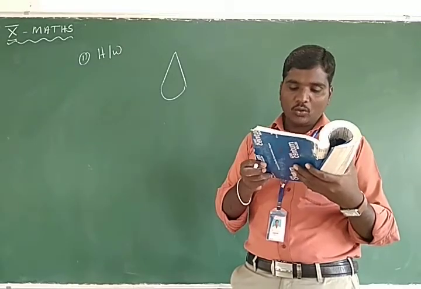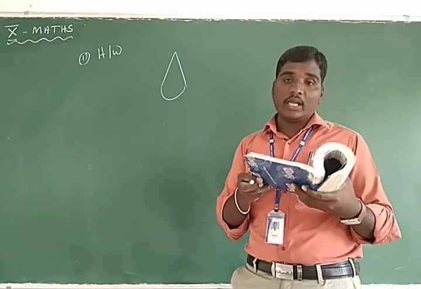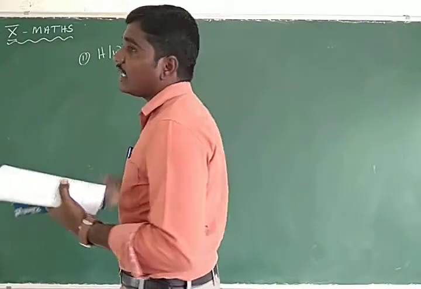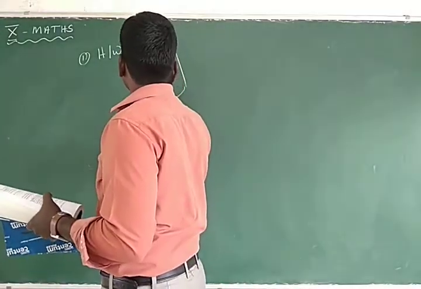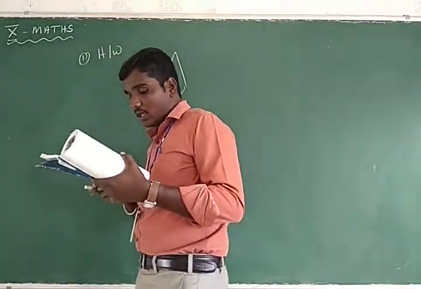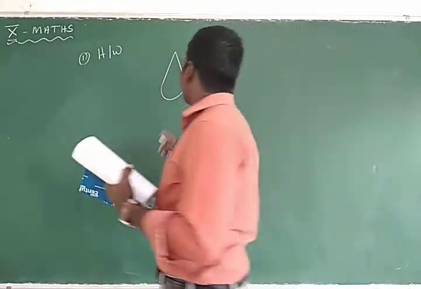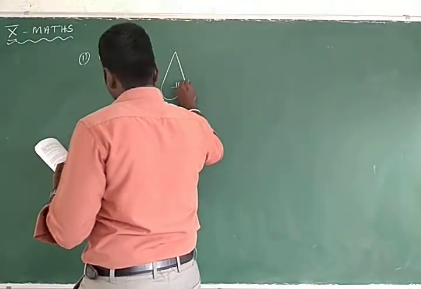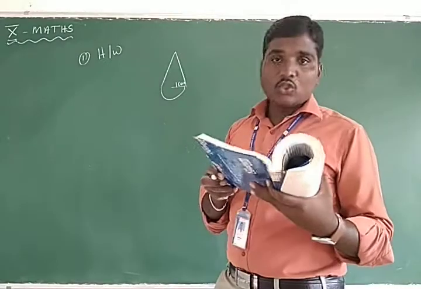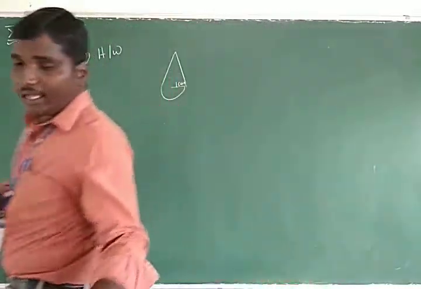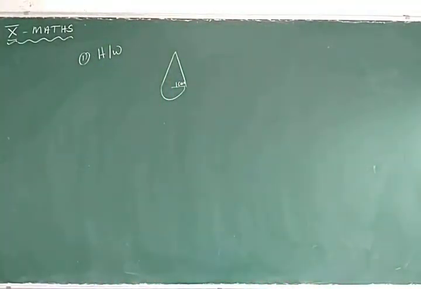The height of the cone is equal to its radius. So radius and height are the same. What about the radius? Radius is 1 centimeter. So how will you find the total value?